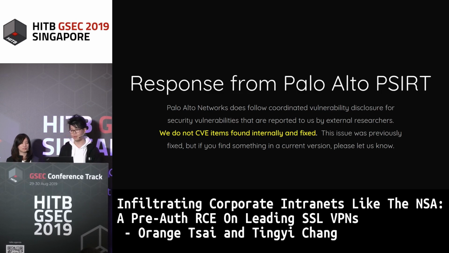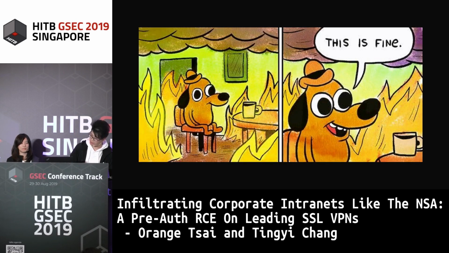So that's the reason why there is no official advisory. Okay, this is fine. There is no CVE, so there is no vulnerability. Anyway, Palo Alto still assigned a CVE for that, right after we published the whole story.